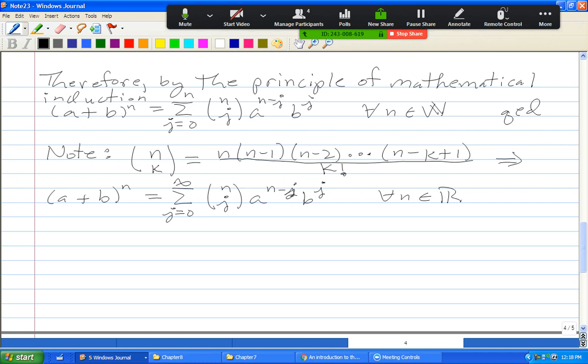Of course, if n is a whole number, then these binomial coefficients are going to be 0 after n+1 terms. So it is the above formula that we have for the case of whole numbers.